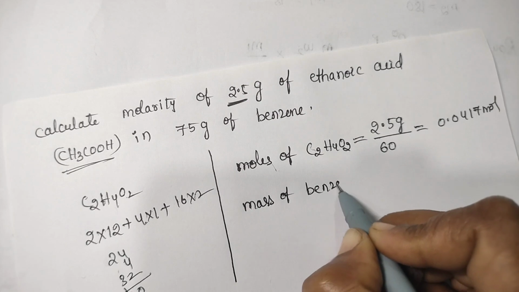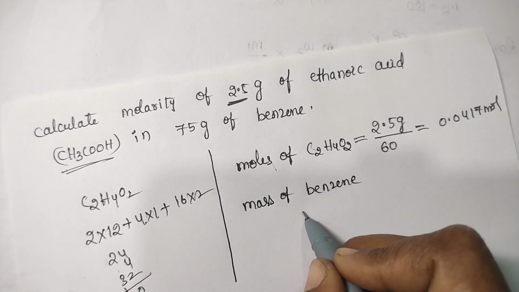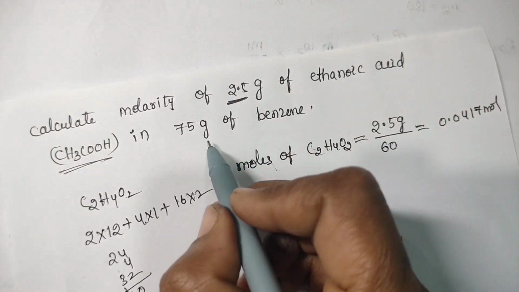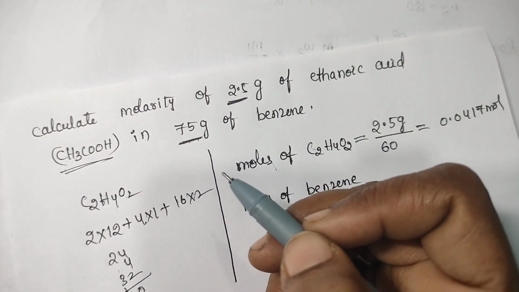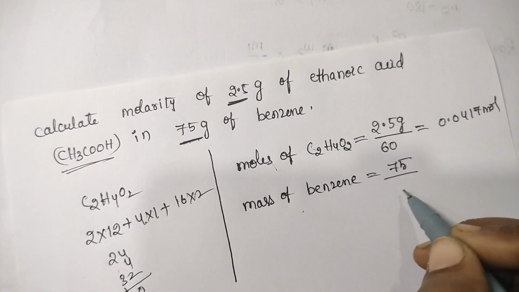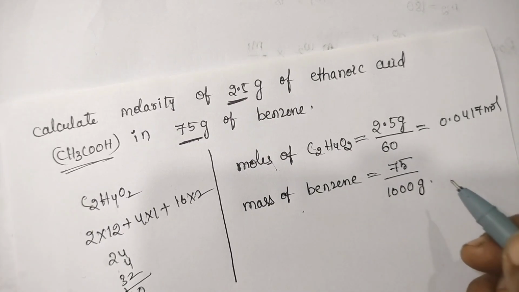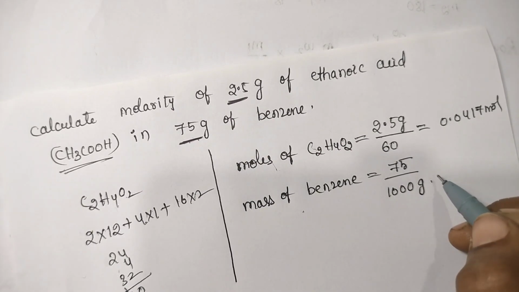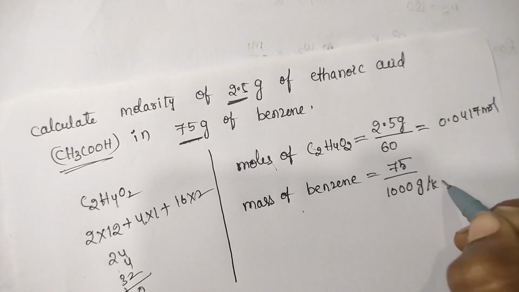Next, mass of benzene. So how to calculate benzene? What is the mass of benzene here? Weight will be 75, so 75 by 1000 grams per kilogram.